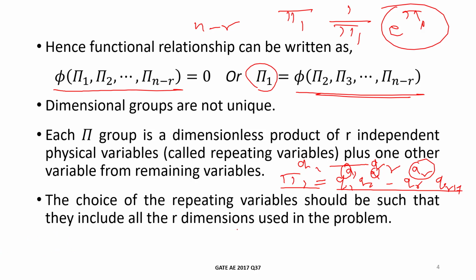The choice of repeating variables should be such that they include all the r dimensions used in the problem. So these repeating variables should contain all the r dimensions present in the variables, and these variables should be independent of each other.